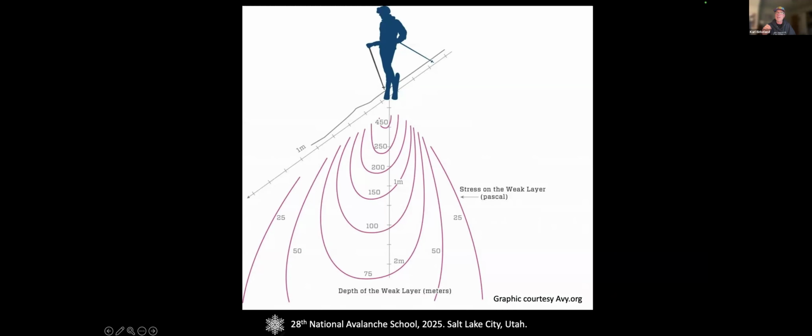In particular, the stress decreases dramatically with increasing depth, as we see in this diagram. Note that people rarely trigger an avalanche at a point where the slab exceeds a meter, especially if that slab is hard, but we can certainly trigger much bigger slides from thinner parts of the slab.